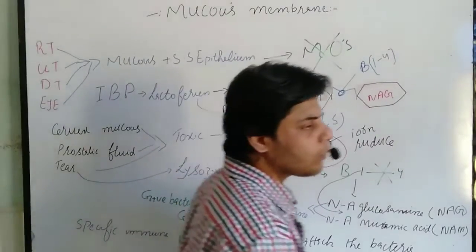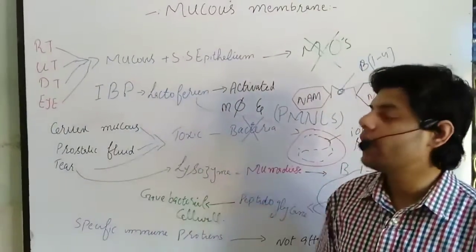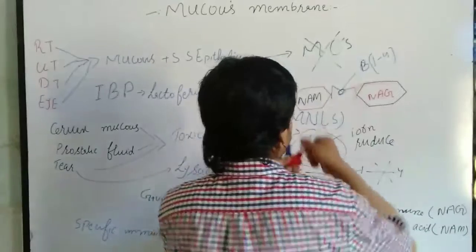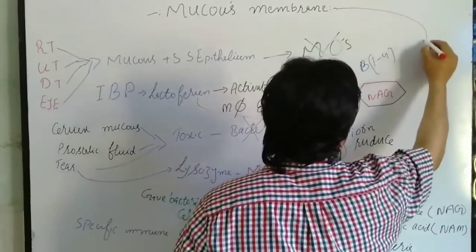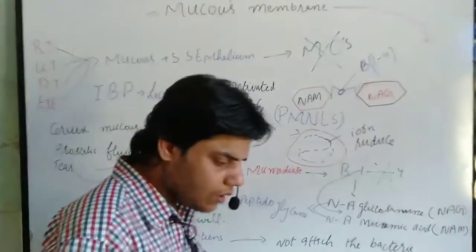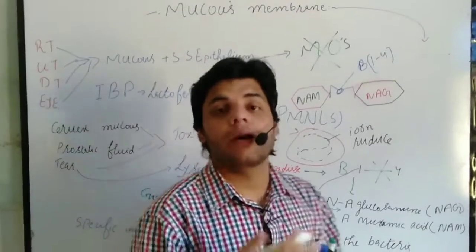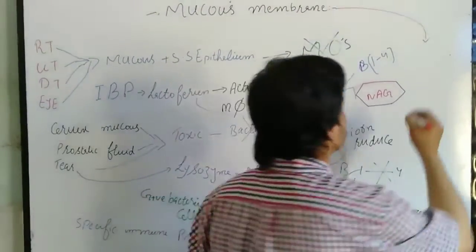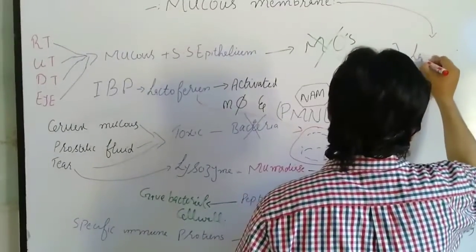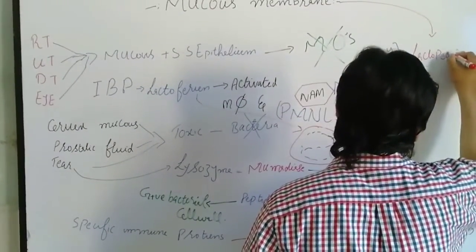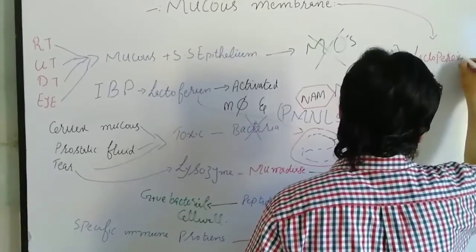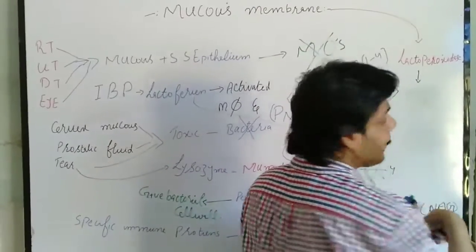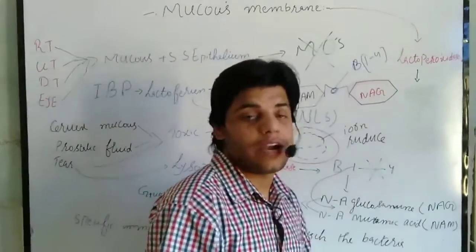Okay, and furthermore, if we talk about this mucus, this mucous membrane can also secrete another important toxic material which works against microorganisms. We call that lactoperoxidase. Now this lactoperoxidase can catalyze the superoxide radical.